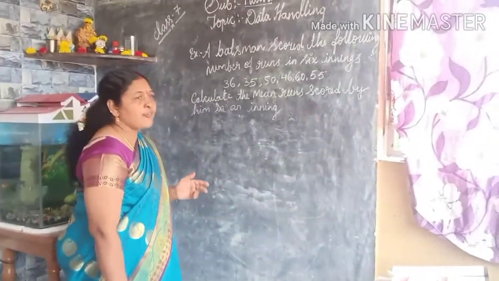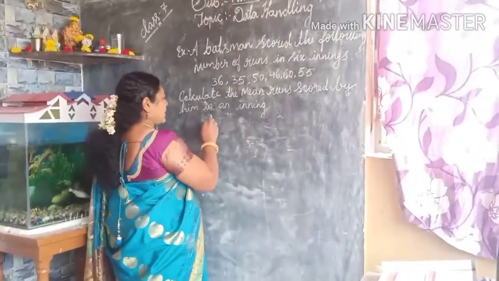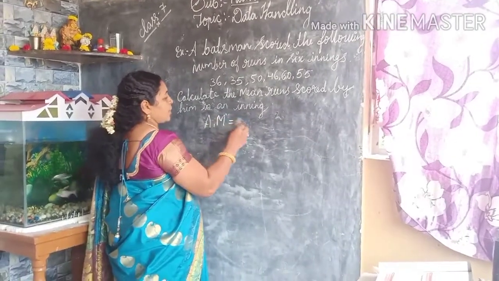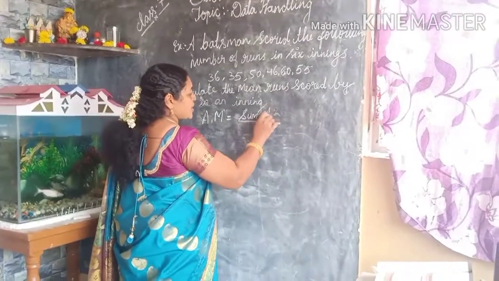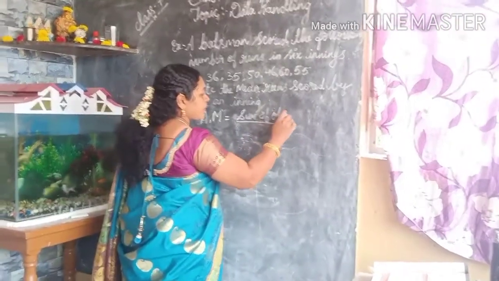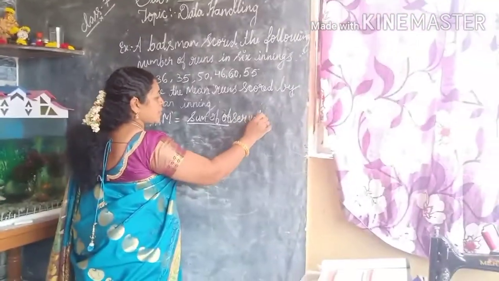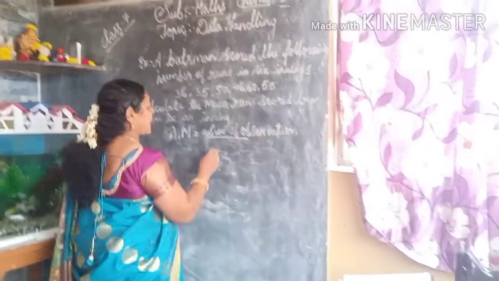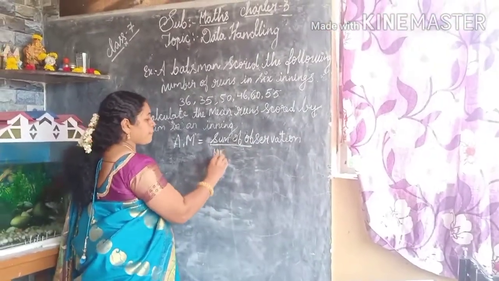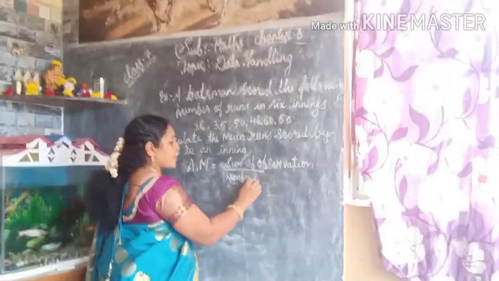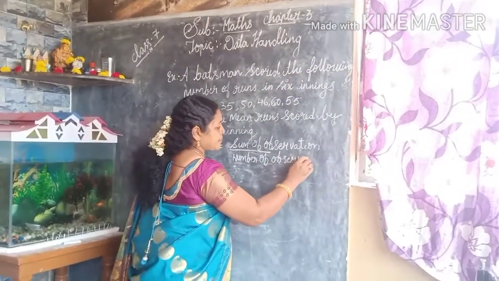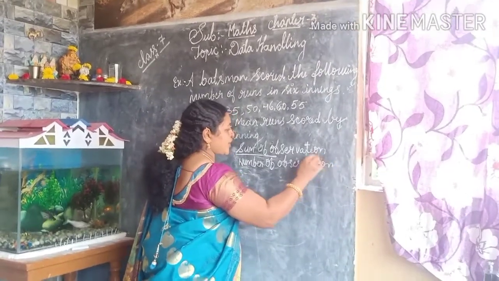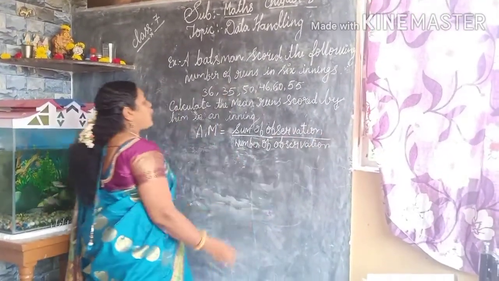So what is the formula for mean? Arithmetic mean is equal to sum of observations by number of observations, right? So first we have to do the sum of observations.